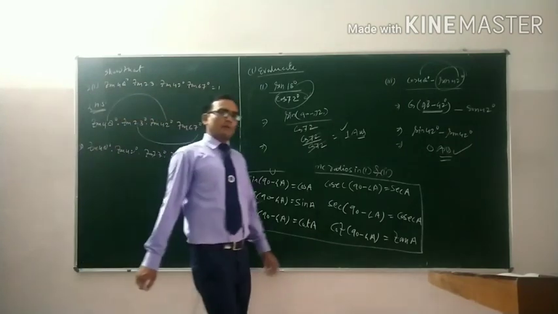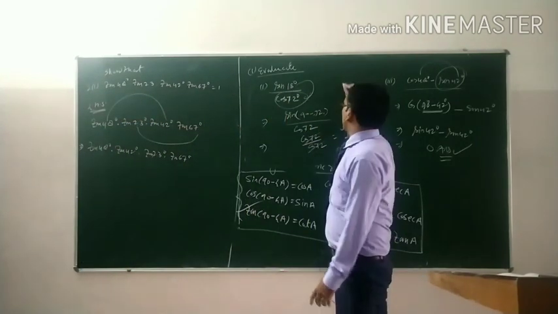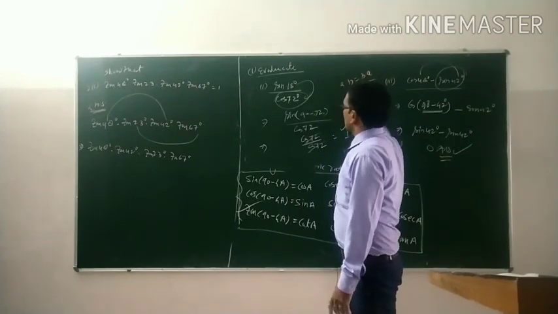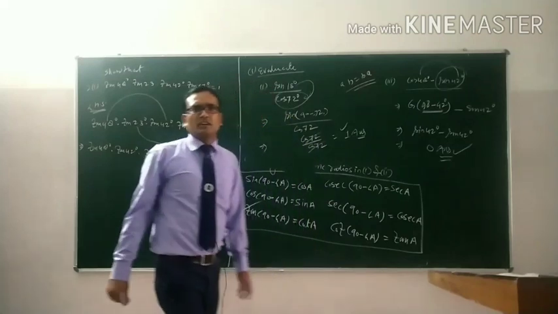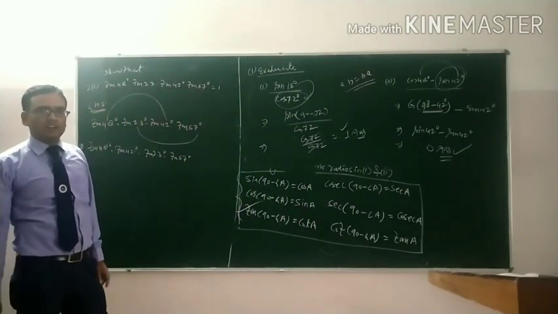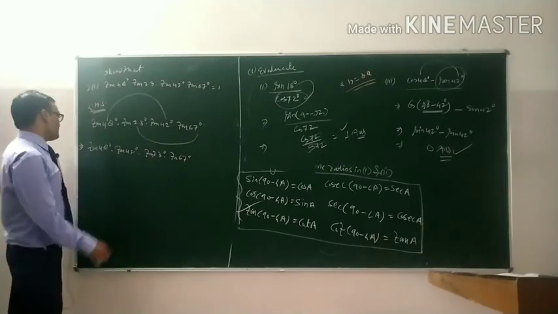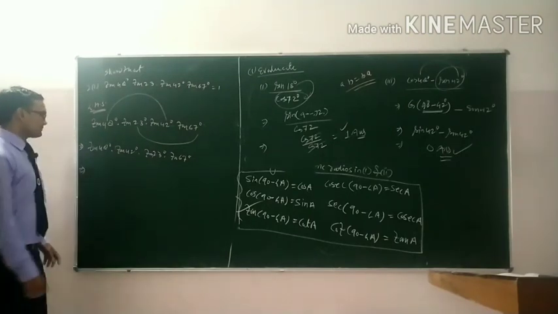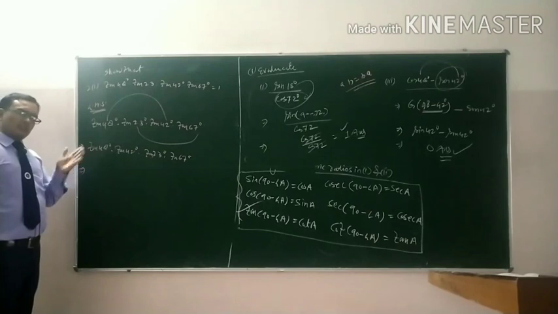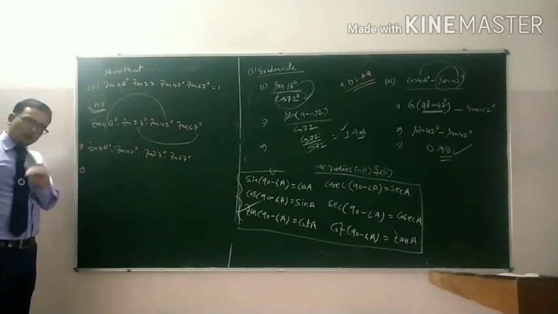The commutative property of multiplication says A multiplied by B equals B multiplied by A. This is the commutative law. This implies that tan 48 is also converted into cot 42.